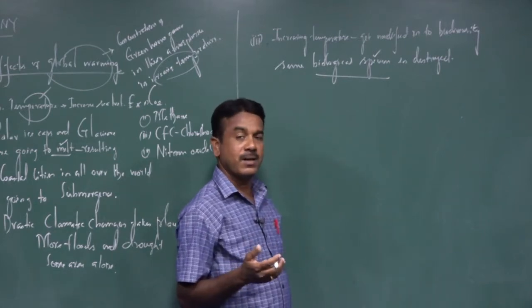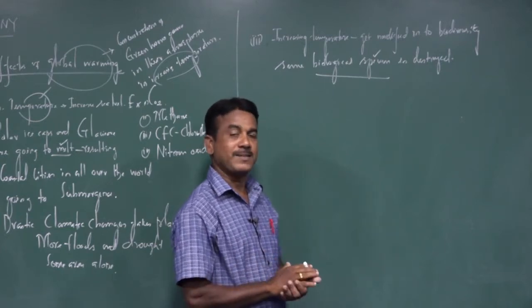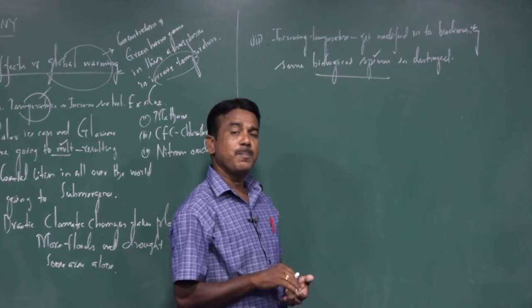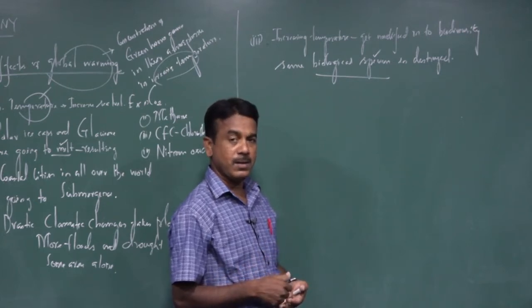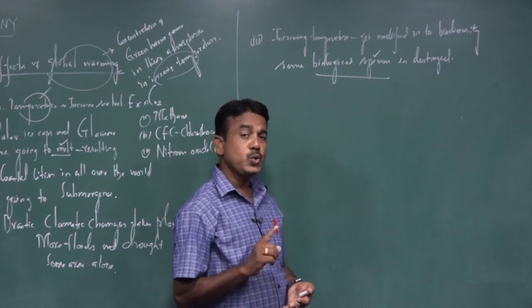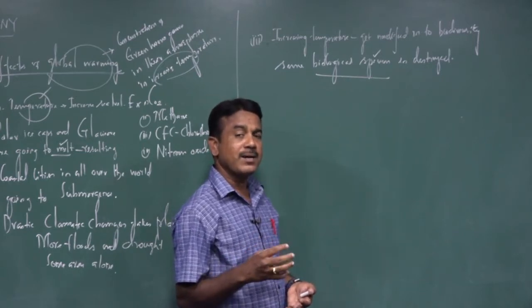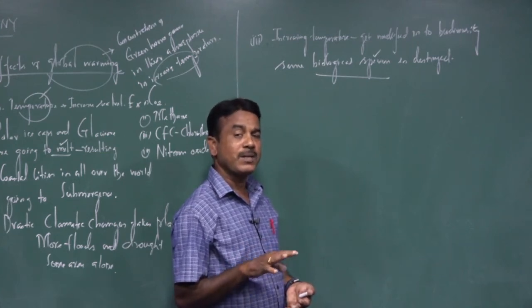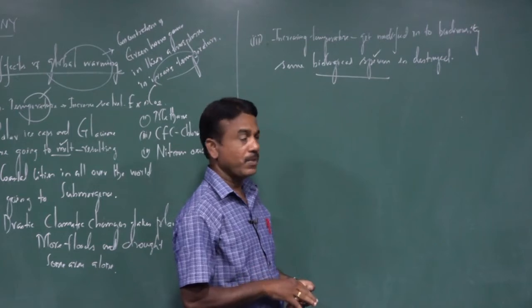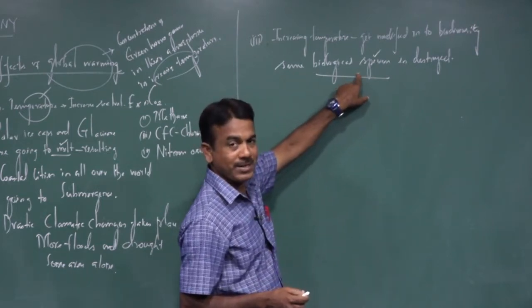For example, all kinds of herbaceous plants and herbs do not survive in high temperature. But due to global warming, the environment has more temperature, so those kinds of species cannot survive. That is to say, some biological species are going to be destroyed.